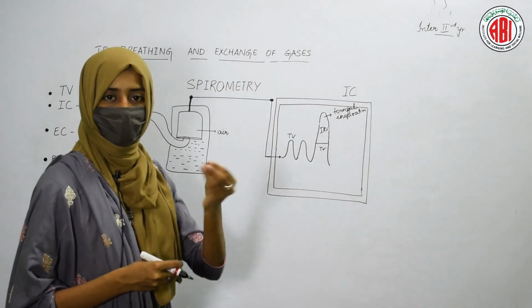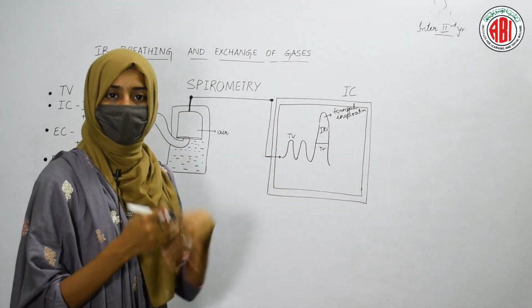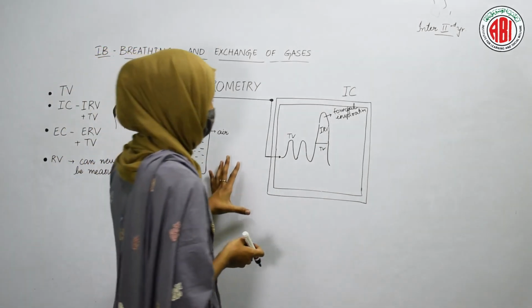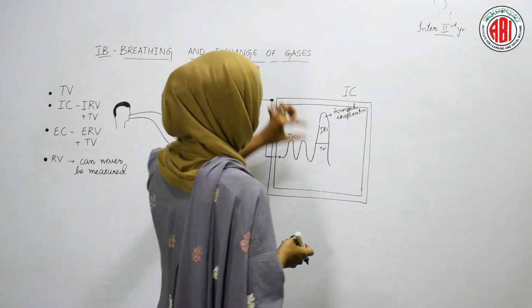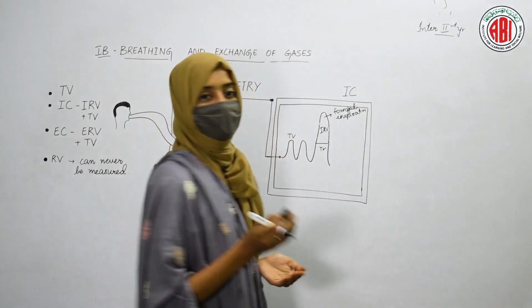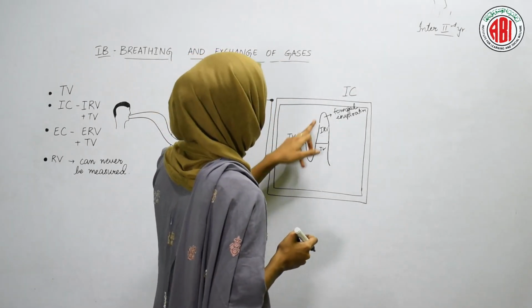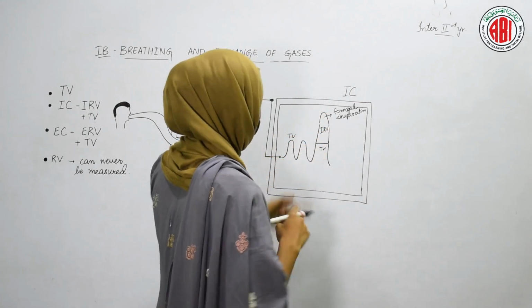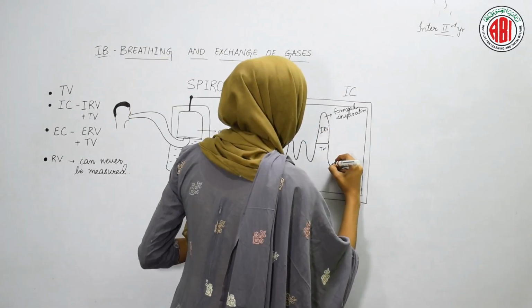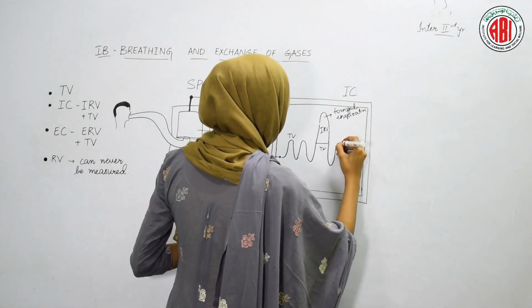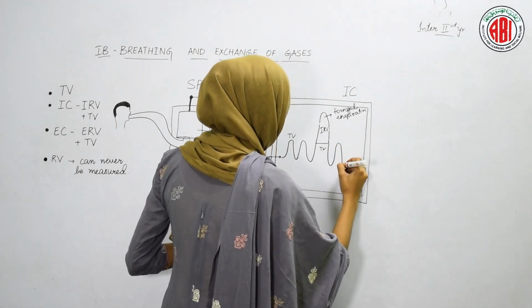Tidal volume is the volume of air that we take in and give out during normal inspiration and expiration respectively, right? Next, when a person takes an additional amount of air after a normal inspiration, it shows this type of rise. Now again, a normal inspiration is carried out by the person. Now a normal expiration.